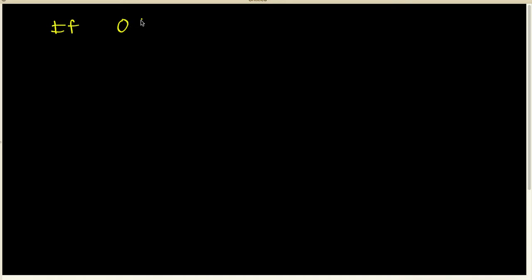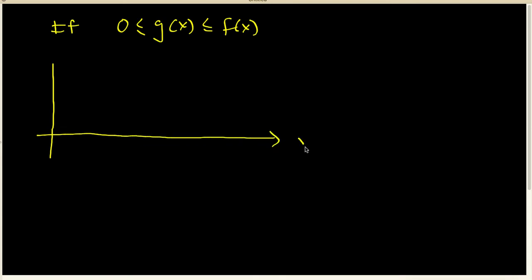If it turns out that g of x is at least as big as 0 and f of x is at least as big as g of x, then we get this kind of a picture. So let me get a decent enough xy axis, and g of x is going to do something, so let's draw g of x in yellow.